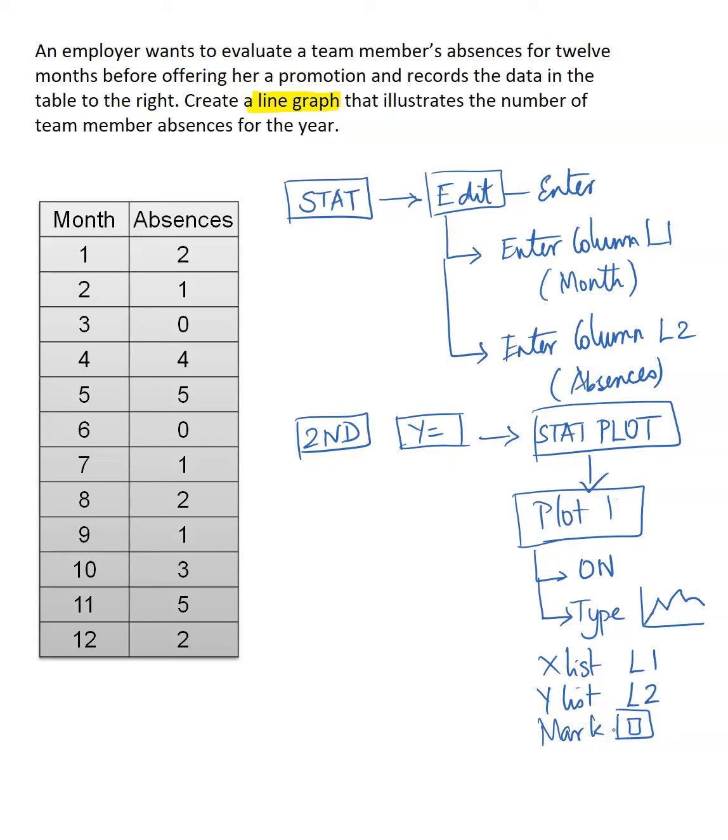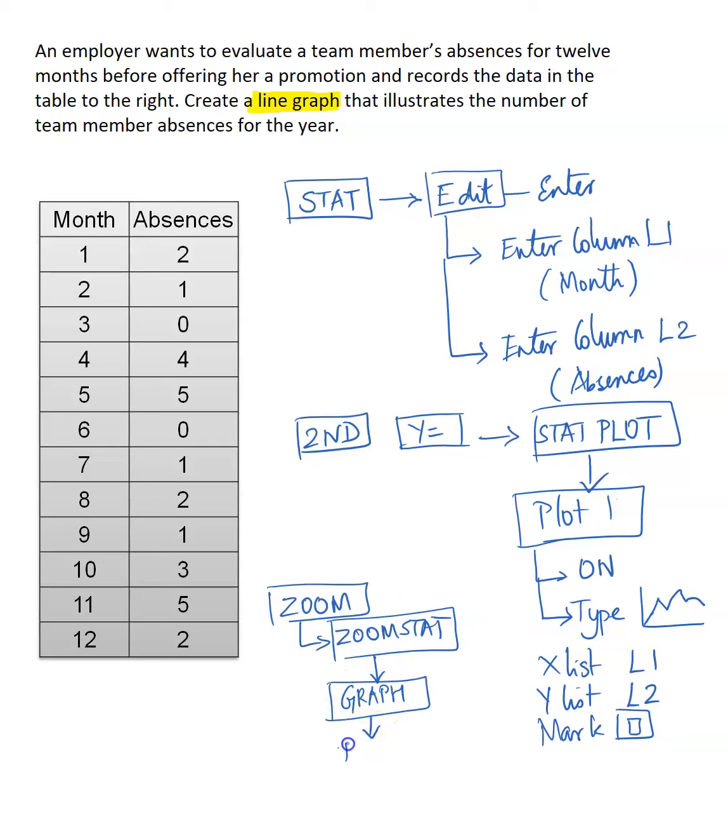Now it's time for us to go into, of course, the zoom stat, and then you go to graph, or you can use the trace button, it depends on your calculator. Then you can trace the points. Anyway, the whole point was to create a line graph.